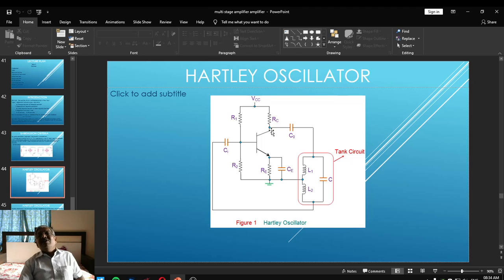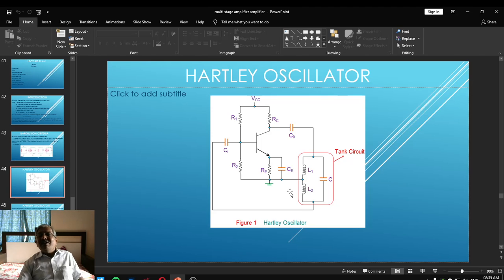So amplified oscillations are made available at the collector of the BJT, which one can observe by using the CRO, that is the cathode ray oscilloscope, and these will be sinusoidal in nature, and that's why we can call it a sine wave generator or sinusoidal oscillator.